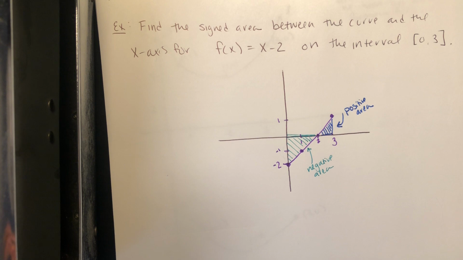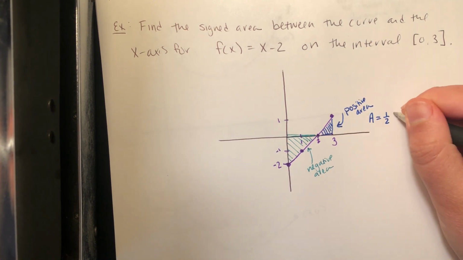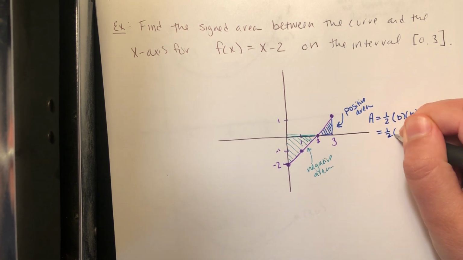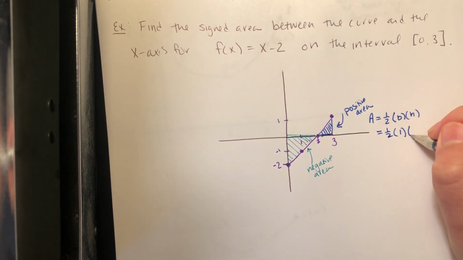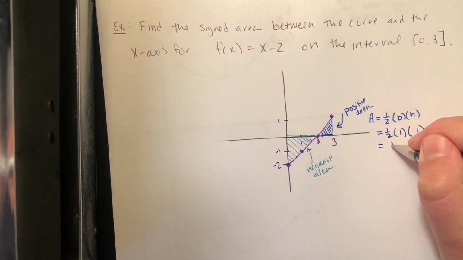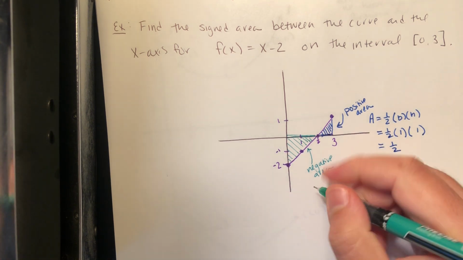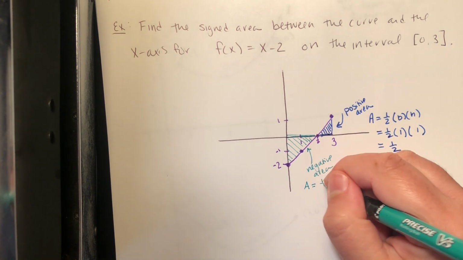I'll start with the positive area up here. This is, again, for a triangle, 1/2 base times height. So it's 1/2 times, the base just has a length of 1, and the height just has a height of 1. So it's 1/2 times 1 times 1, which is 1/2. And down here below the x-axis, for my negative area, it's 1/2 base times height again.